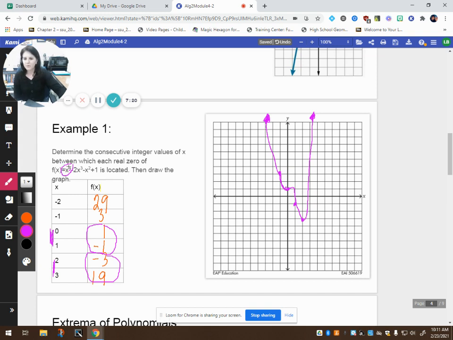Got to get my vocabulary words right here. So the number in front of the x is positive. That tells me that it ends going up. And the fact that it's an even exponent tells me that both ends are going to be doing the same thing. So since it ends going up, both ends are going to be up. So here's my graph, rough sketch, both ends are up.